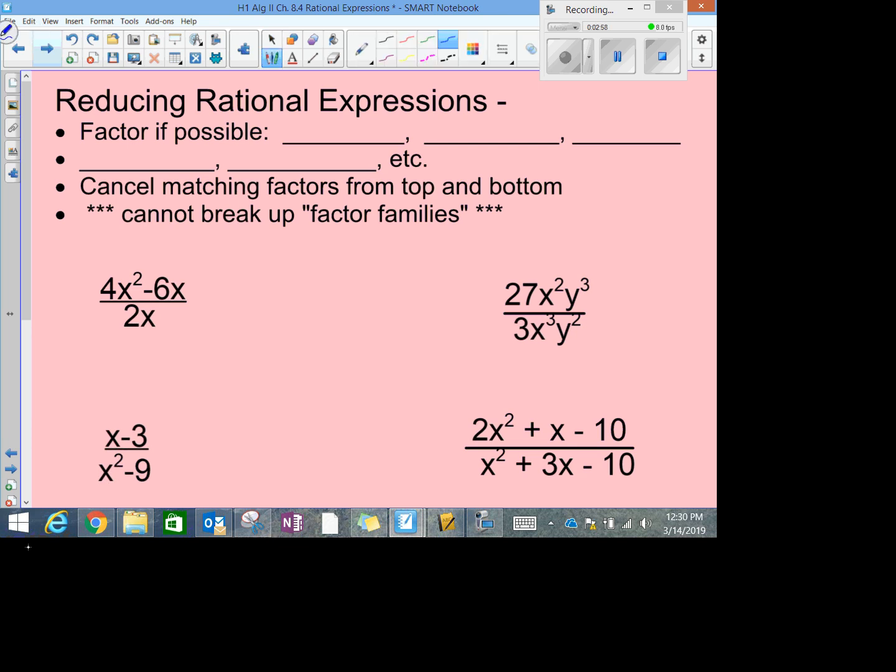So what ways do we have to factor? Shout out one of your favorite ways to factor. GCF. What else? AC method. What else? Difference of squares, that's my favorite.